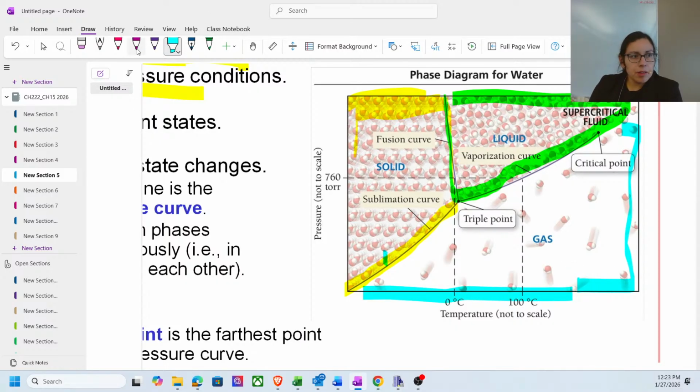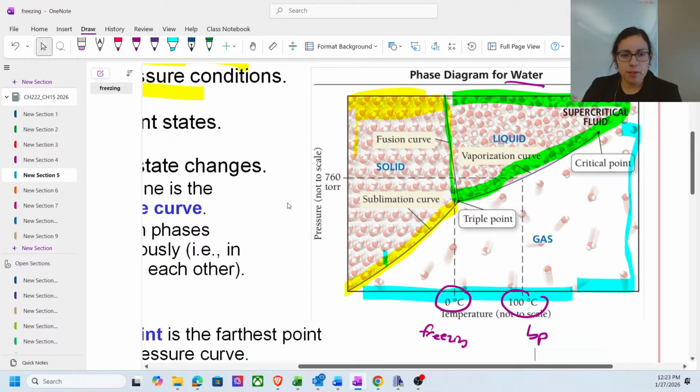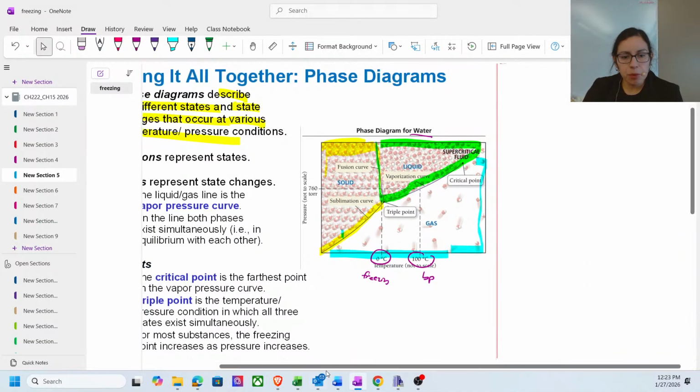And then depending on your graph, it'll have relevant points. With this being water, that's why they've shown the freezing point and the boiling point there, so that's relevant. Generally that's going to be shown. And then we have our different curves and points here. So let's look at our different points.